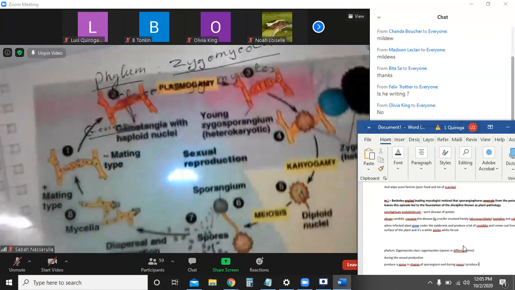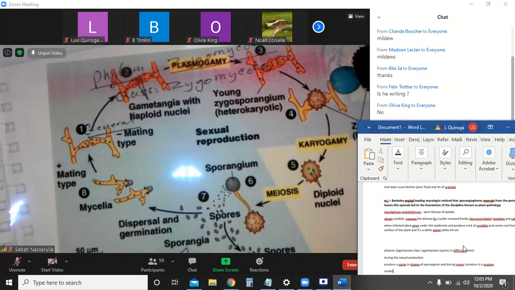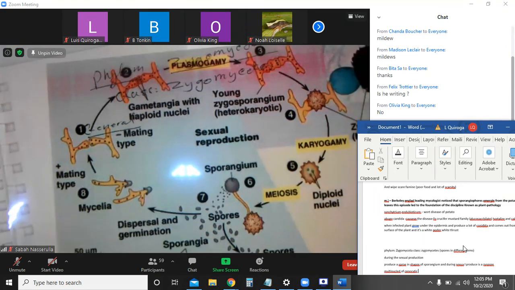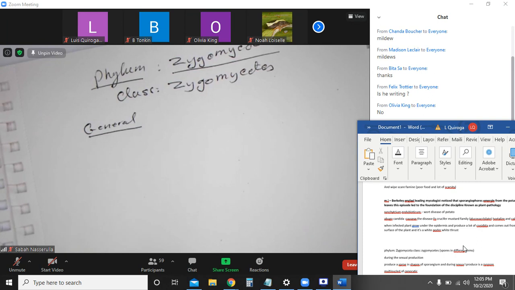Also, the mycelium or the hyphae of these fungi is multinucleate or coenocytic, meaning there is no septa, only one septum at the top just before the sporangia develops.